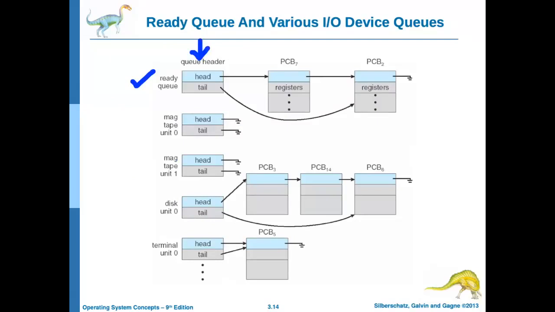It is pointing to PCB2, and this is the end of the list. Now, which data structure is this? Yes, a singly linked list. That is a singly linked list.